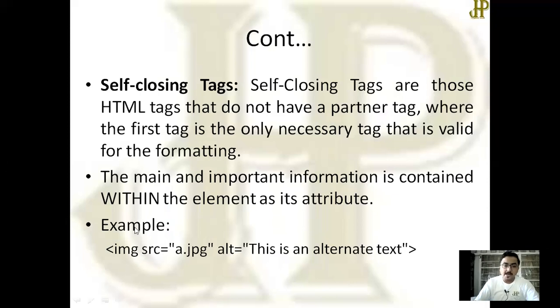But the img tag can only be used when at least one attribute known as src, which stands for source, is given, so that the image comes from that source to your web page. So I think it is very clear what is the basic minor difference between unpaired and self-closing tags.